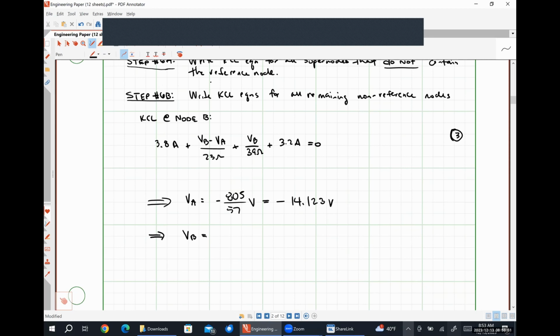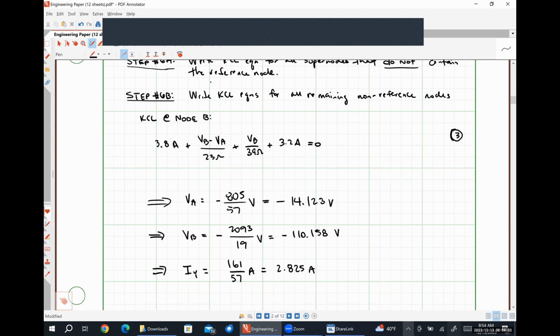VB was -2093 over 19, or -110.158. And IY was 161 over 57, or 2.825 after rounding, amps.